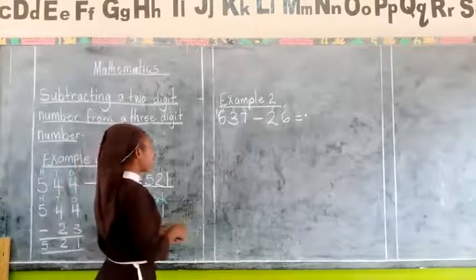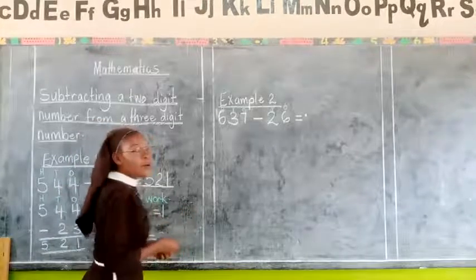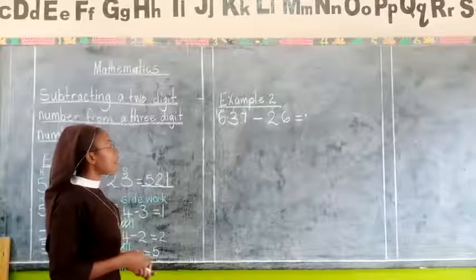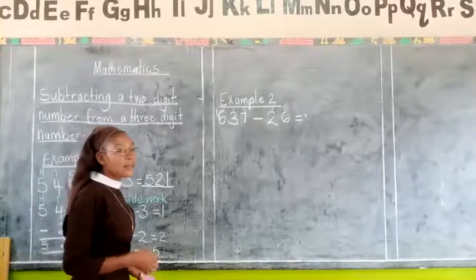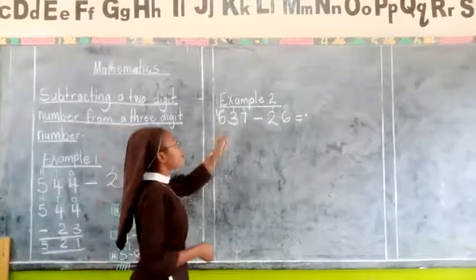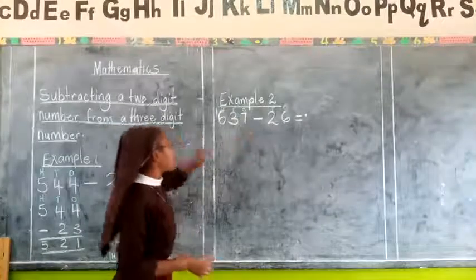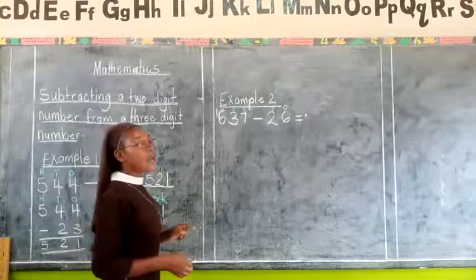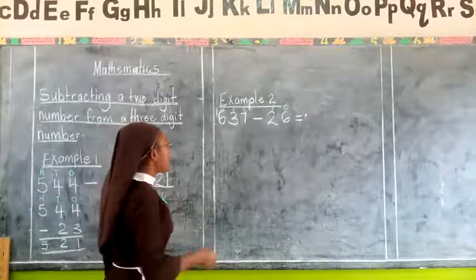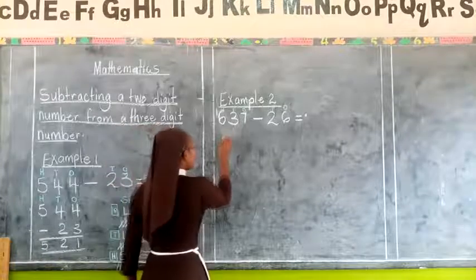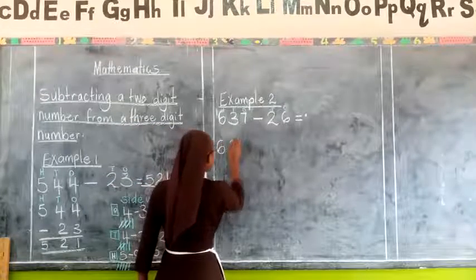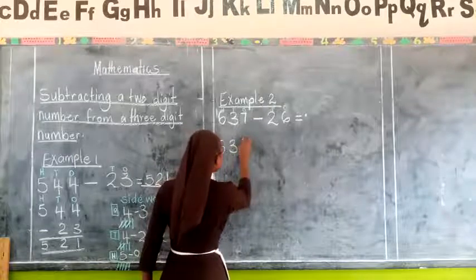So we are going to arrange these digits according to these place values. We shall begin with the 3-digit number since it's bigger than the 2-digit number. And it's the 2-digit number that we are going to subtract from the 3-digit number. That's why we begin with the 3-digit number as we write 637.